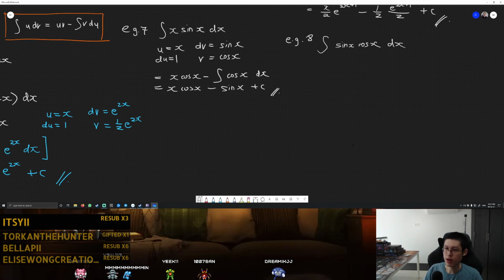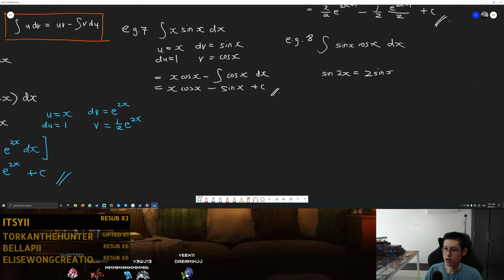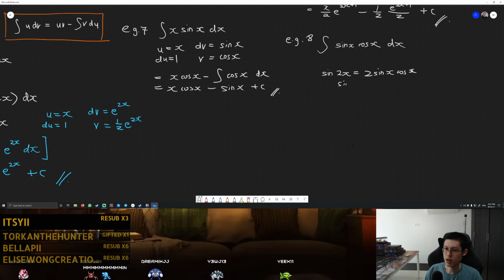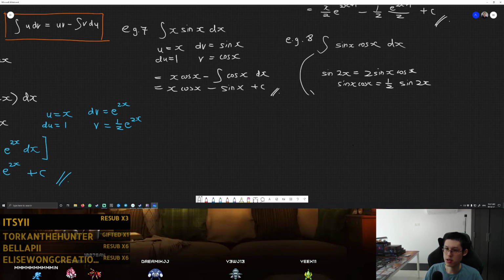So remember, one of our identities is, what was it? Sine 2x equals 2 sine x cos x, right? So sine x cos x must be a half sine 2x. So you can simply use this identity and get whatever you want to get, which is the recommended method.